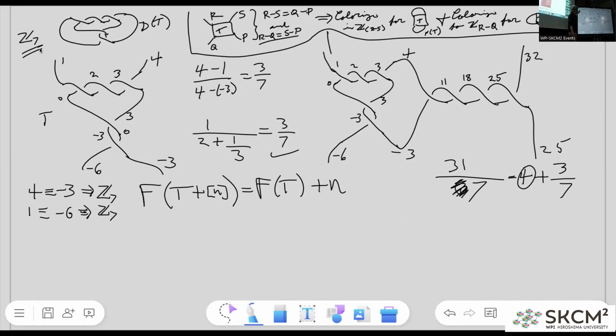And the only extra modulus criterion is that 1 should be equal to -6, -3 should be equal to 4. Same criterion left and right. So you get from coloring the tangles the colors of these so-called rational knots that are obtained by closing the tangles. And if you did it this way, we'd be in Z mod 7. And if you did it the other way, you'd be in Z mod 3, right? 4 minus 1 is 3.